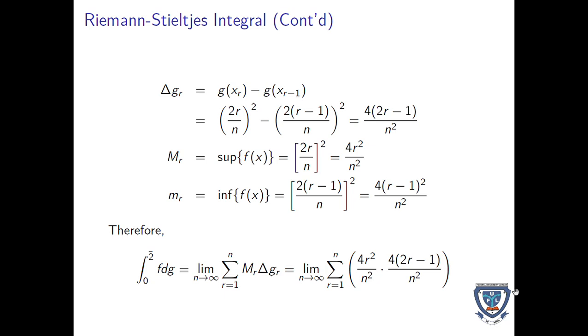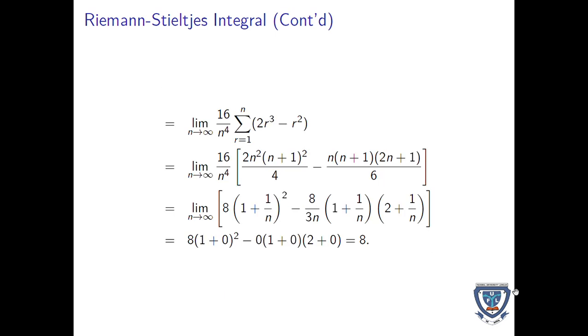Therefore, for this integral from 0 to 2 of f dg, the upper sum will give us the limit as n goes to infinity of the summation of r squared over n squared times 4 times 2r minus 1 over n squared.